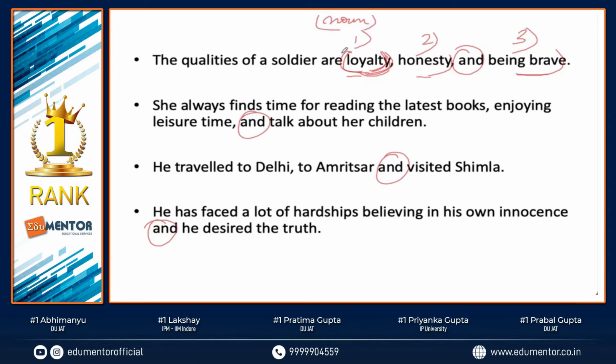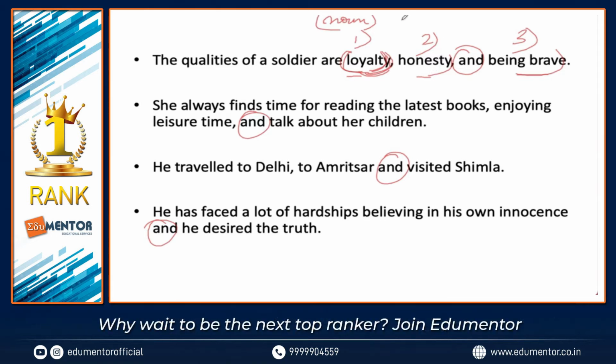The second clause, the quality of a soldier is honesty. So honesty, again, this is a noun. Both of them are abstract nouns, but nouns nonetheless. So we have the first 2 clauses expressed using nouns.